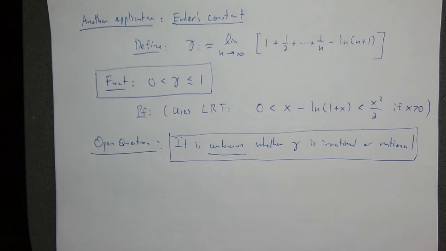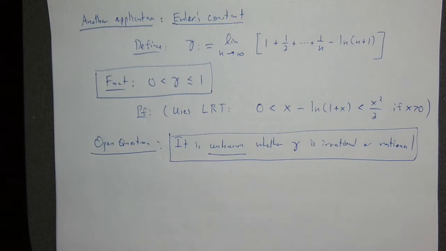It took a lot of effort. It wasn't done until almost the turn of the century. It was done in the late 1800s, I believe. So it took a lot of effort to show that pi and e were transcendental. But it had been known that those were irrational for a while.